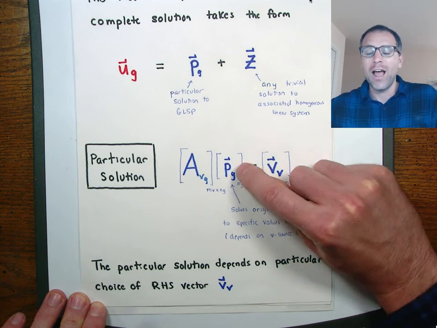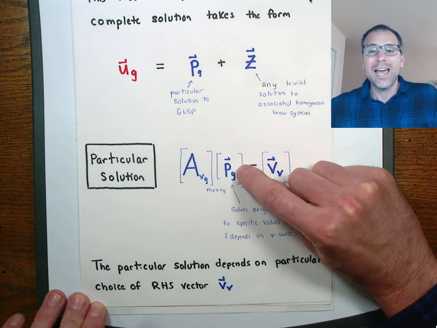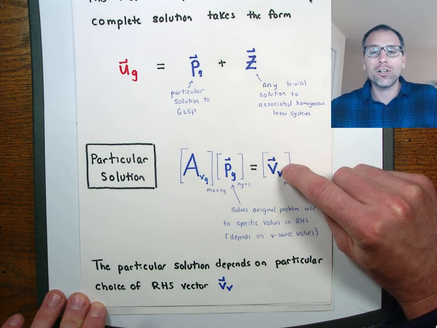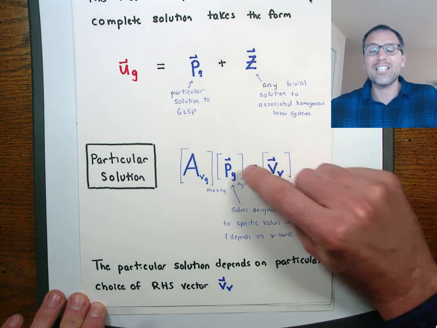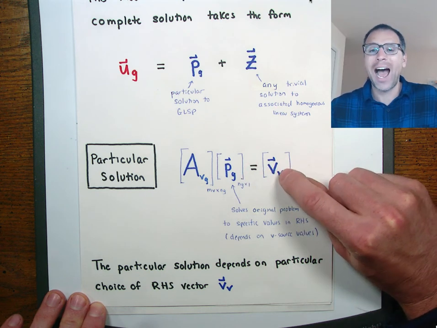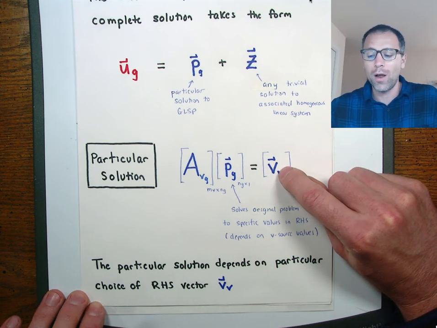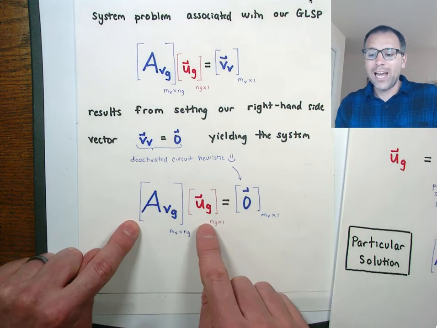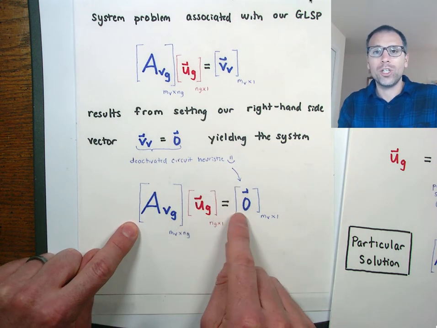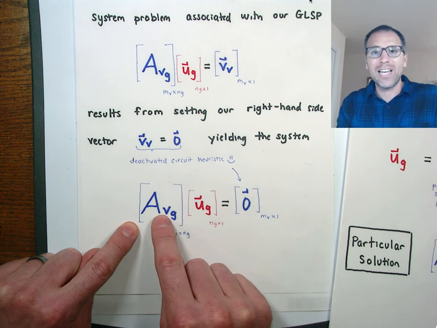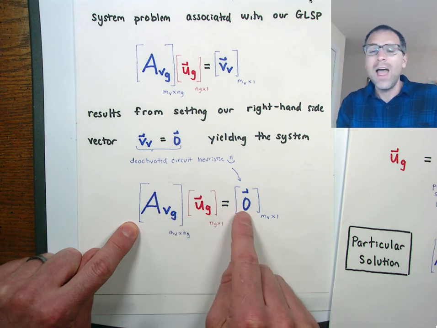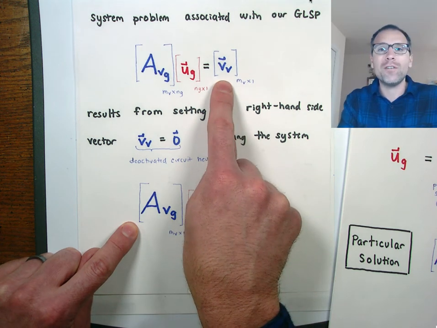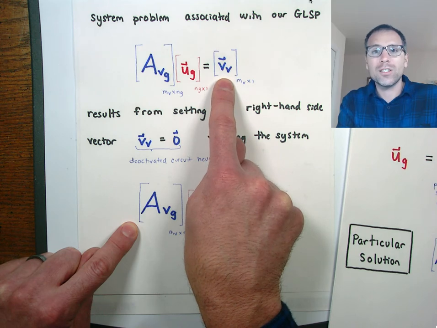In other words, the particular solution is related to the particular choice of voltage sources. It is very much dependent on how we define those sources in our problem. On the other hand, when I'm looking for trivial solutions, solutions that send the matrix A sub Vg to 0, that does not depend on my chosen values of the voltage sources in my circuit.